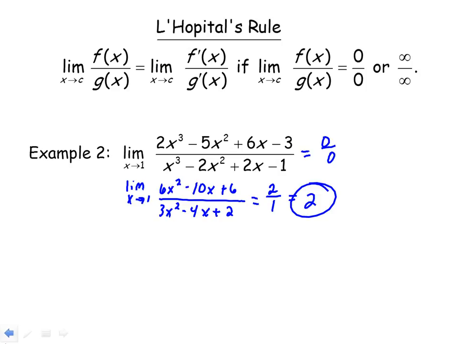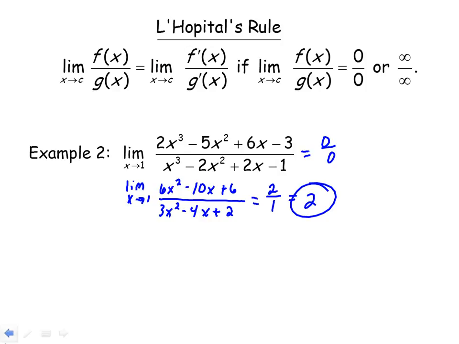So, one more time. If you come across these limits, first try your Cal 1 techniques. Okay? And if they work, some of them will. Even in the homework that I gave you, some of your Cal 1 techniques will work. So, try the Cal 1 techniques first.